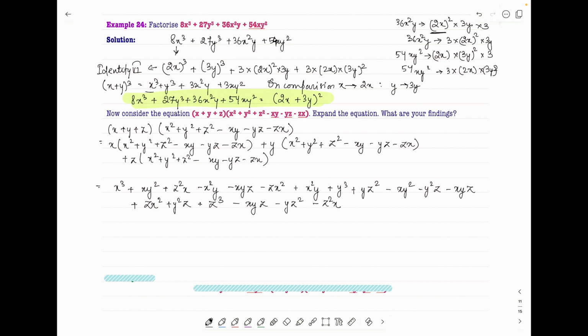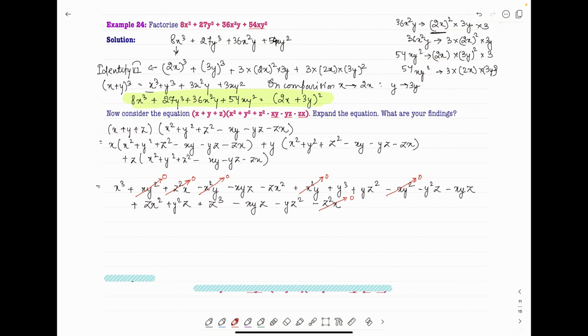Now let us cancel the positive and negative terms. Plus xy square and minus xy square cancel and become 0. Plus z square x and minus z square x cancel. Minus x square y and plus x square y cancel.